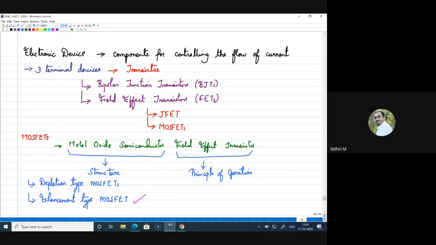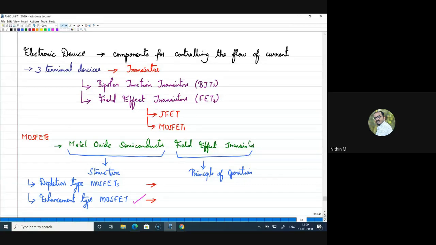And one more thing I just want to note here is the basic difference between these two types of MOSFETs, depletion type and enhancement type. Can I get a response in the chat box, not as audio? Can you just tell me what is the difference between depletion type and enhancement type MOSFET?